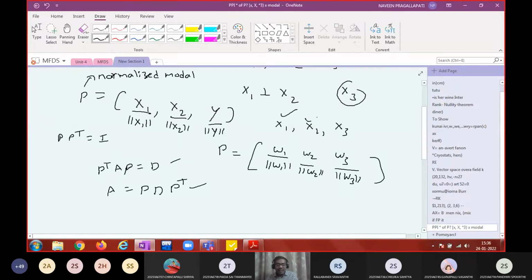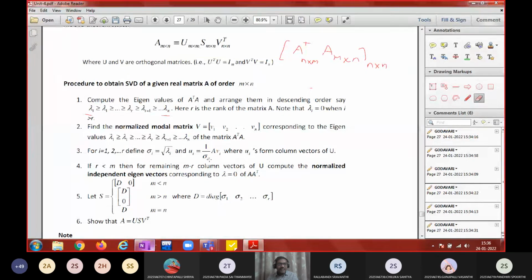If these are the eigenvectors of A transpose A, from them you create the normalized modal matrix, with columns V1, V2, V3. This is an orthogonal matrix, meaning any two vectors are perpendicular and each vector has magnitude 1. So we already have an orthogonal matrix V.